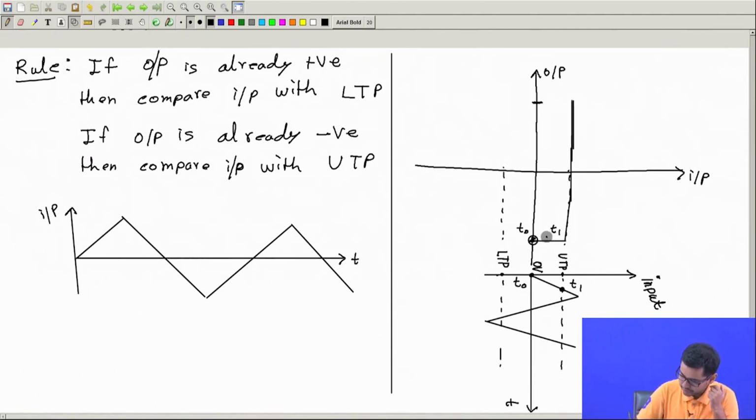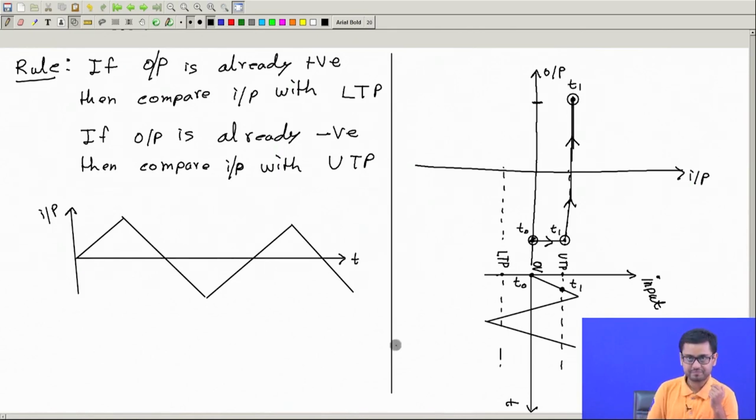So output becomes immediately positive, and then input is increasing further. This moment is again T1. This is an instantaneous jump; to go from here to here takes no time. That's why I'm writing T1 here as well as here.